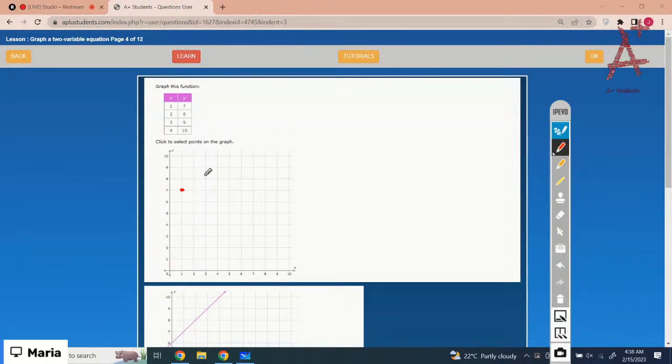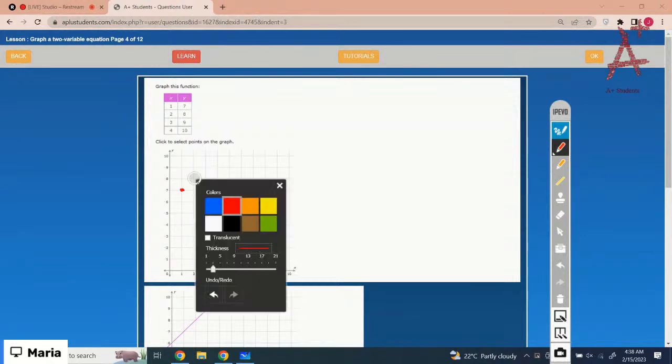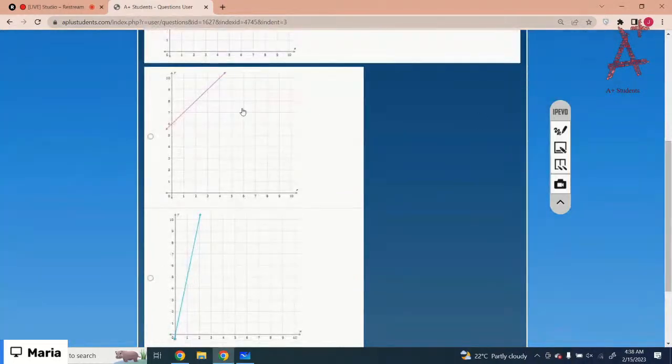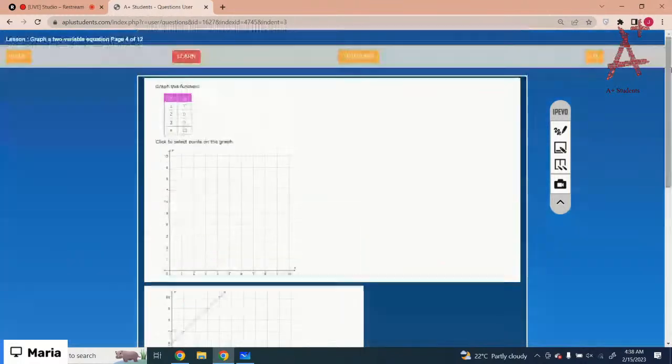When x is 2, y is 8. When x is 3, y is 9. When x is 4, y is 10. So here is the graph of the function. Got it? So which option is the correct one? The first option, the graph must start with 6. Got it?